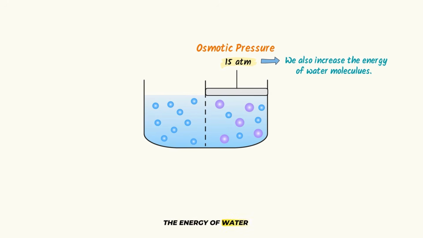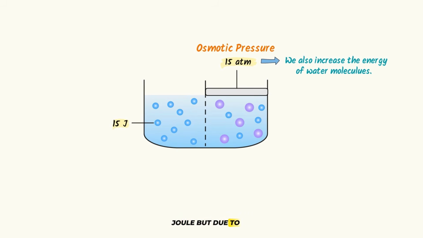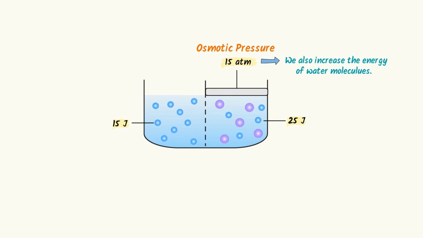The energy of water molecules on the pure water side is 15 joule. But due to higher pressure on the solution side, the energy of water molecules, let's say, increases to 25 joule. The energy of water molecules in solution is more than water molecules on the pure side. Thus, water molecules will move from the higher energy side to the lower energy side.